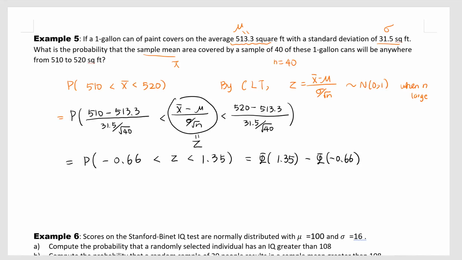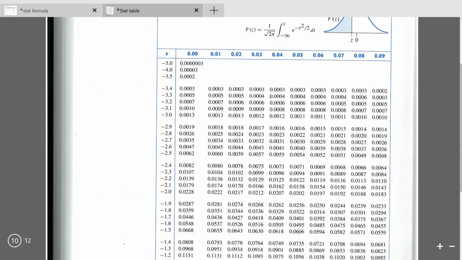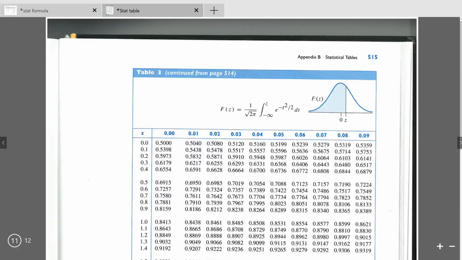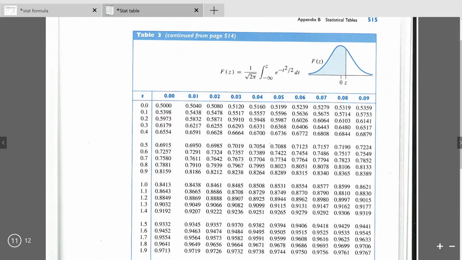Let's find those numbers in our table. Where is 1.35? Oh, next page. 1.35 gives 0.9115.